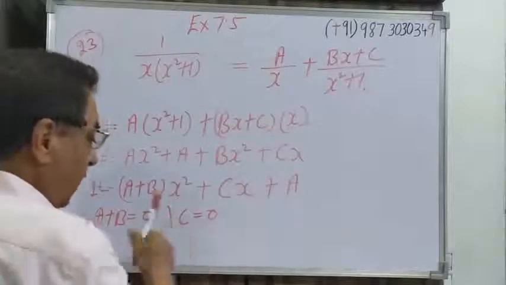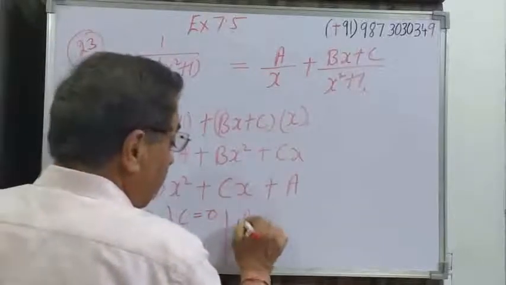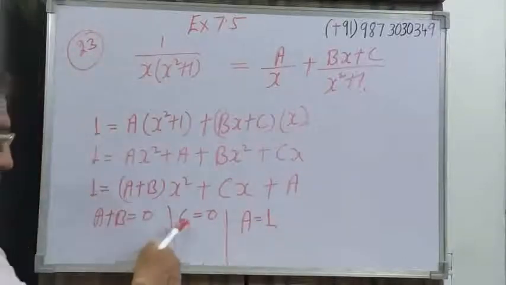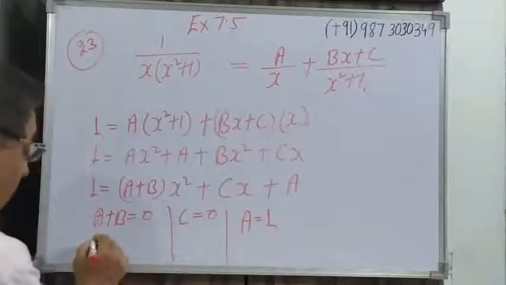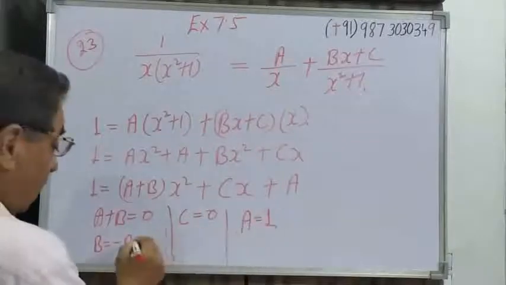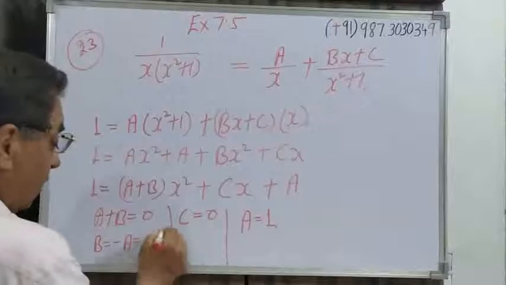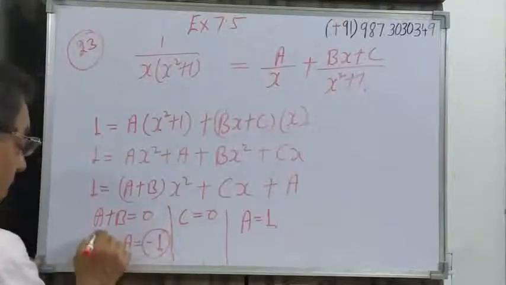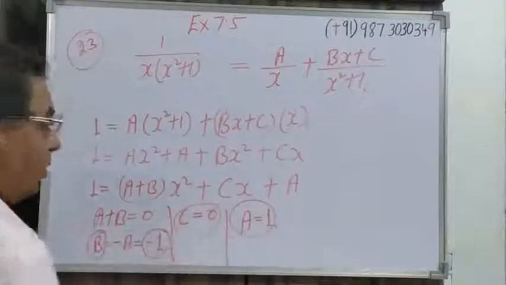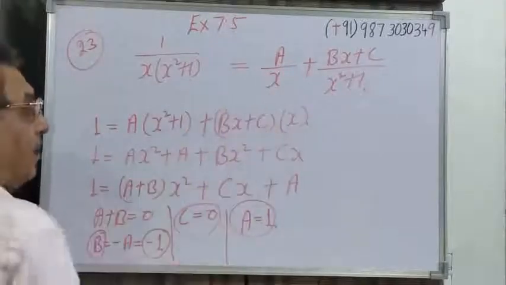For the constant, a equals 1, the value of a comes to be 1. Now c we got, a we got, and the value of b is equal to minus a, and a is 1, that is minus 1. So we get the value of b to be minus 1, a to be 1 and c equal to 0. Now let us substitute these values right here.